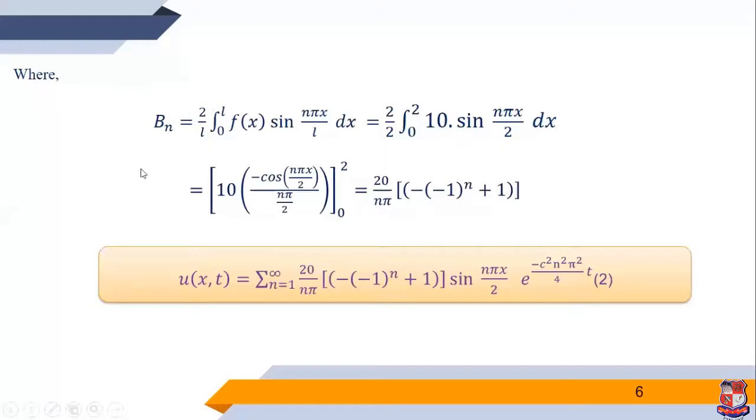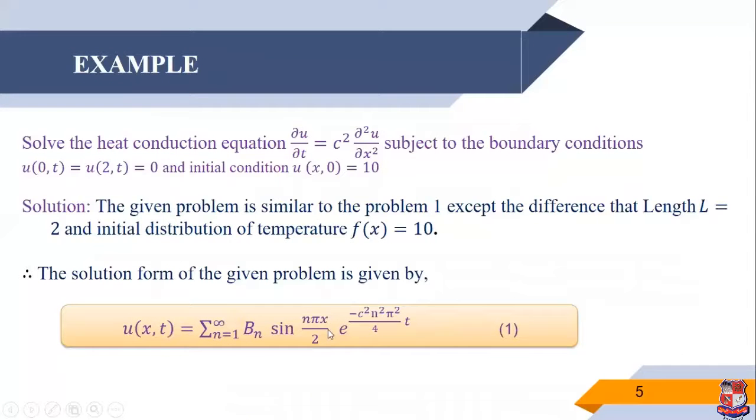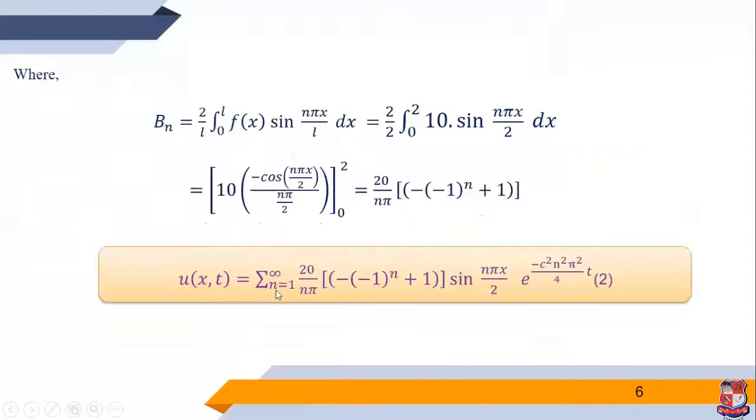So the value of b_n is 20 by n pi, 1 minus (minus 1) raised to n. We put this b_n in equation 1. Therefore, we get the solution of the given problem with initial and boundary conditions, that means the IBVP, initial boundary value problem.